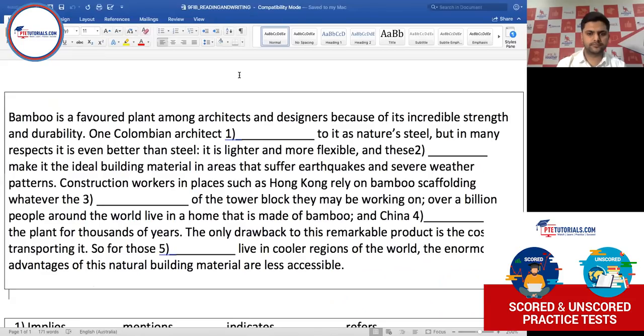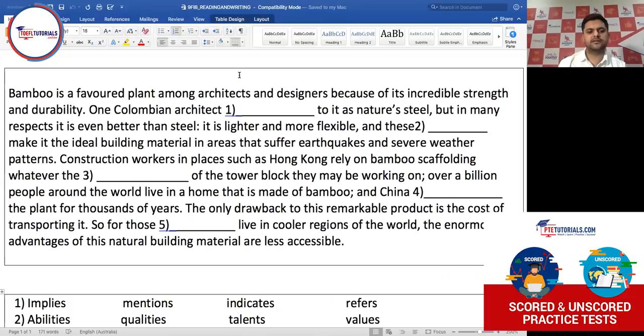All right, so here is the text. This time I'll give you some time to read this text once.